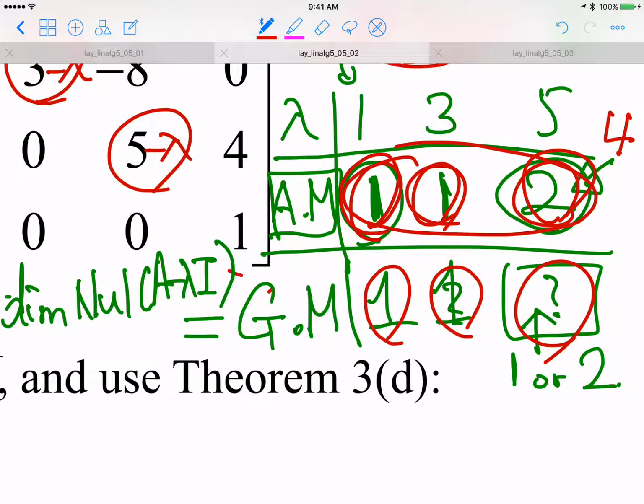In this case, it should be 1, 1, and it can be 1 or 2. But if it has just 1, then you can find only 3 eigenvectors, right? And in that case, you cannot obtain this diagonalization or eigendecomposition. Okay.